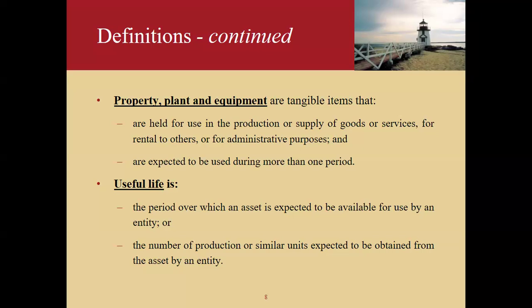Then the other is it has to be held for use in the production or supply of goods or services. So that eliminates what we have seen before, those items that are bought for resale. We don't want them in this standard.